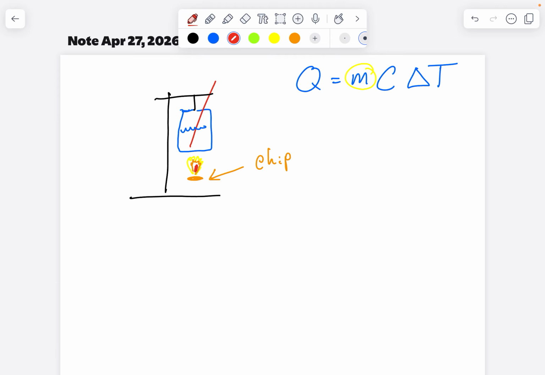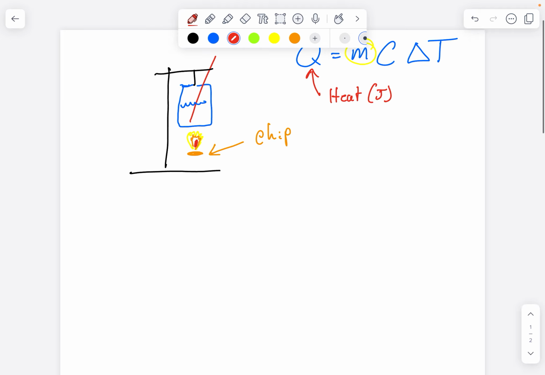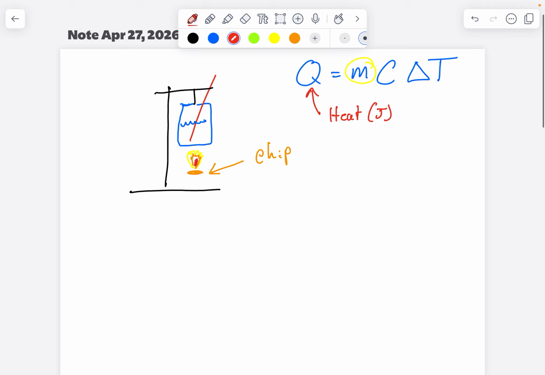This right here, again, is the heat, and that is going to be in joules, a unit of energy. This is going to be the mass of the water, and for our experiment, I believe it's 50 grams of water. And this is the change in temperature.